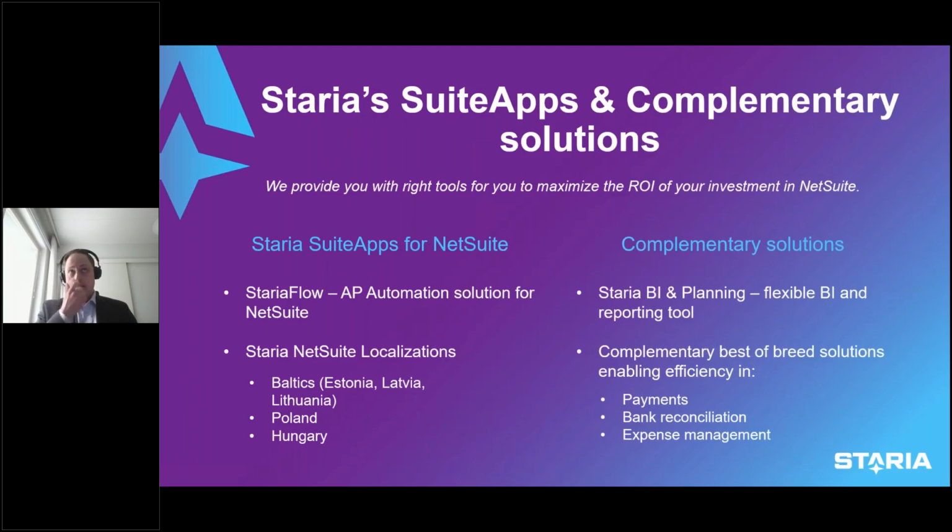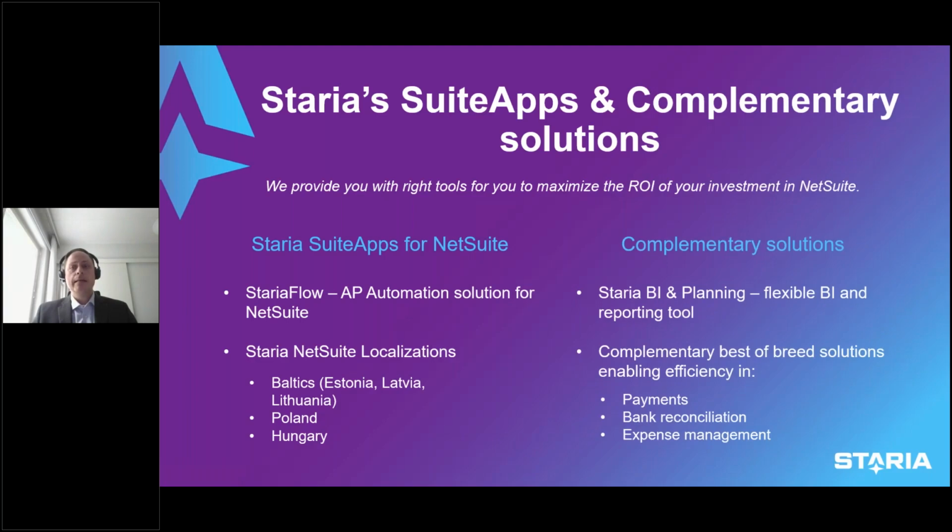So basically, Staria's technology unit offers suite apps and complementary solutions to our customers. We want to provide you the right tools to maximize the return on your NetSuite investment. We have these solutions called Staria suite apps for NetSuite, and then we have complementary solutions. For the suite app side, we have the Staria Flow solution, which is an AP automation solution built for NetSuite, and then we have localizations.